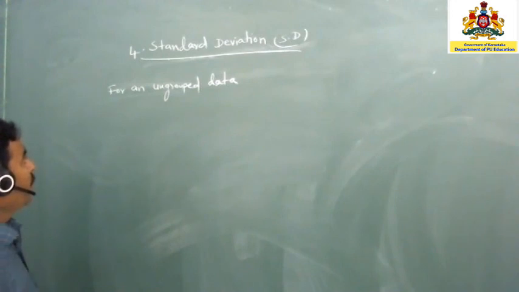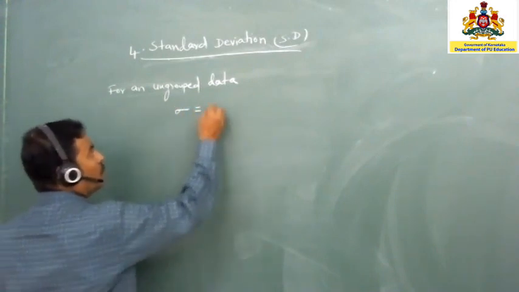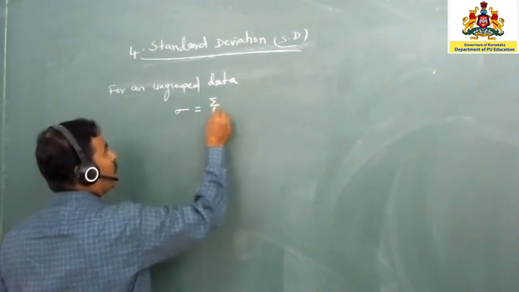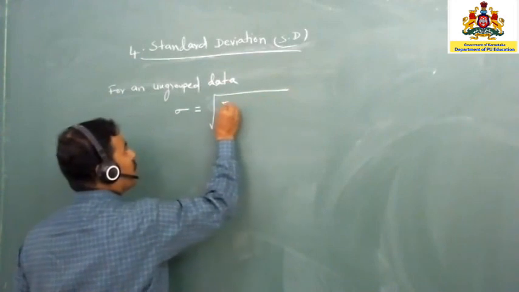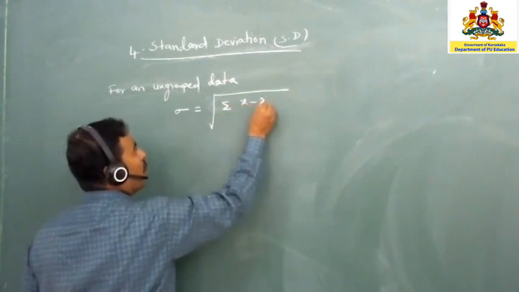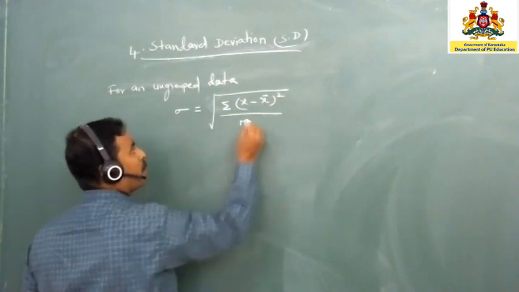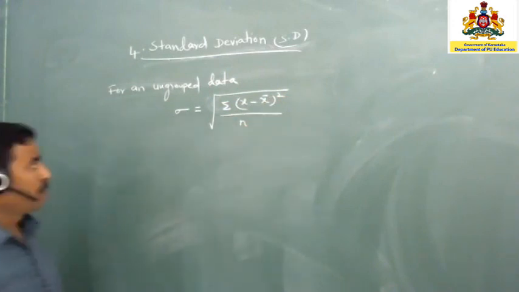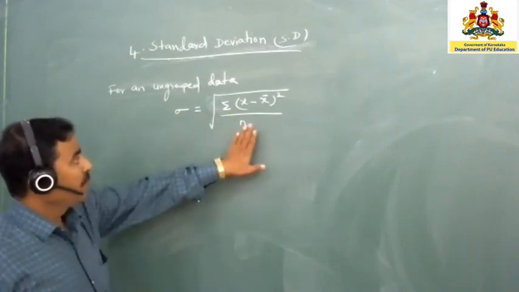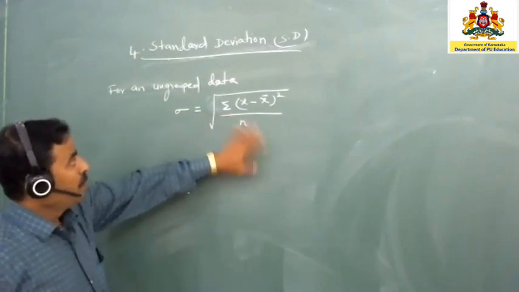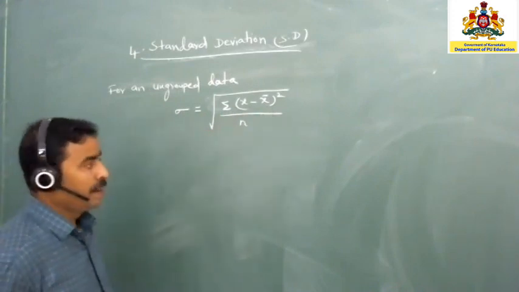For an ungrouped data, standard deviation sigma is equal to the positive square root of summation x minus x bar whole square by n, the positive square root of the mean of squared deviations of a set of observations from their mean.